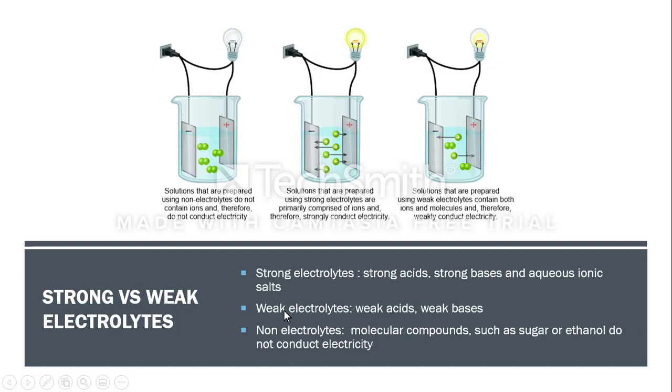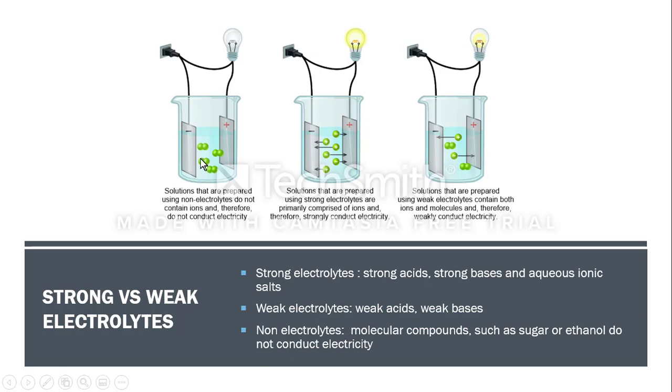However, there are also weak electrolytes. Weak electrolytes, such as weak acids and weak bases, only ionize partially, right? Which means we have less ions in solution. Less ions means less charge flowing. Less charge flowing means our bulb lights very dimly.